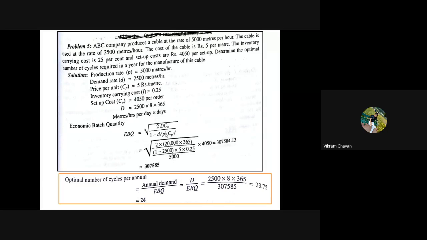Any question? Shall I move ahead to the next problem?